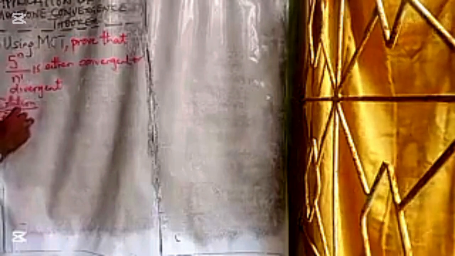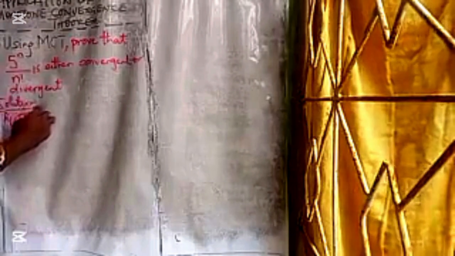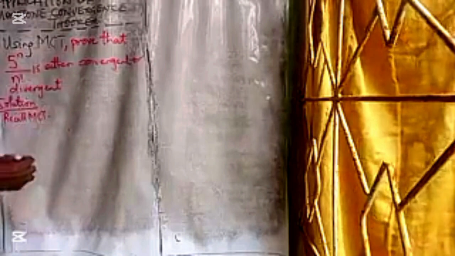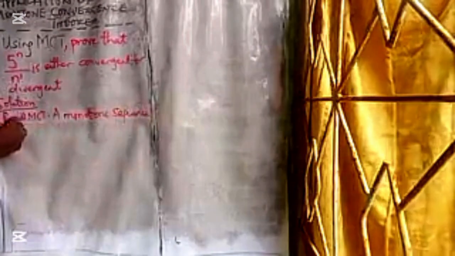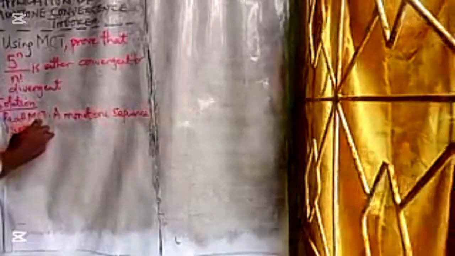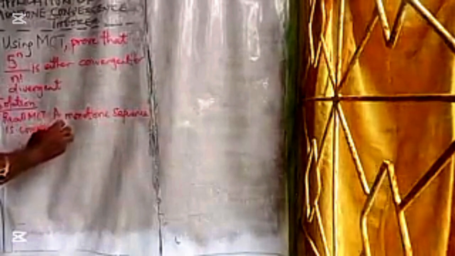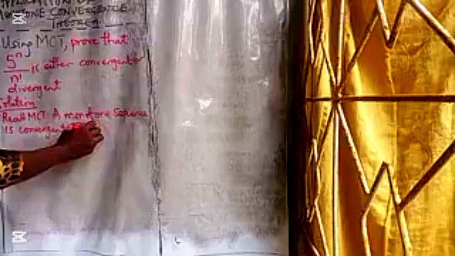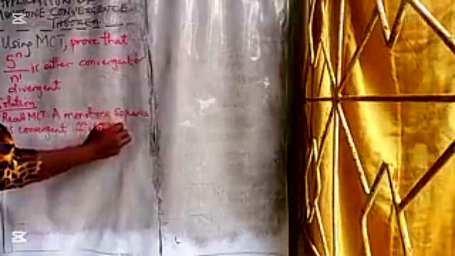The first thing we need to do is to recall MCT. It says that a monotone sequence is convergent if and only if it is bounded.